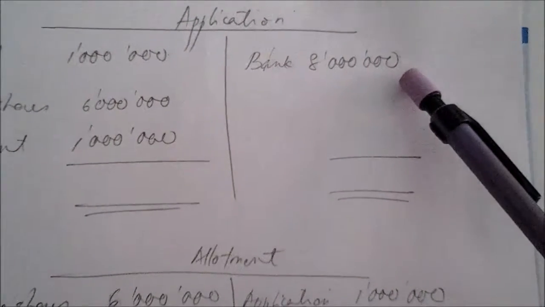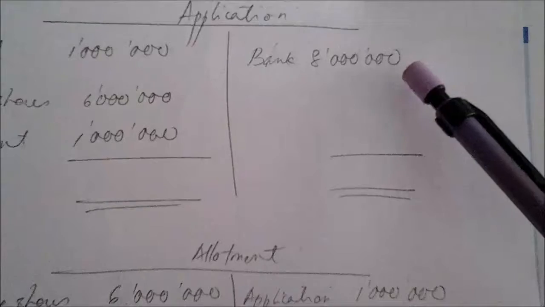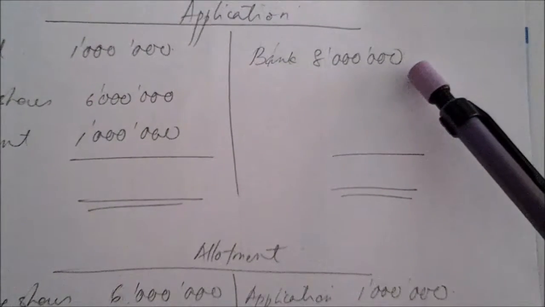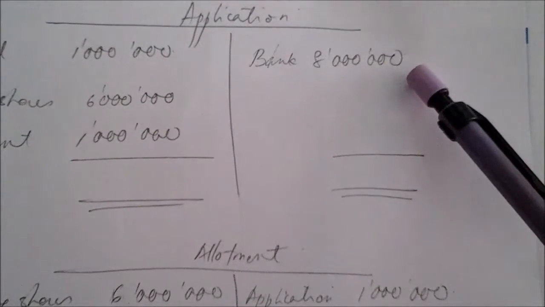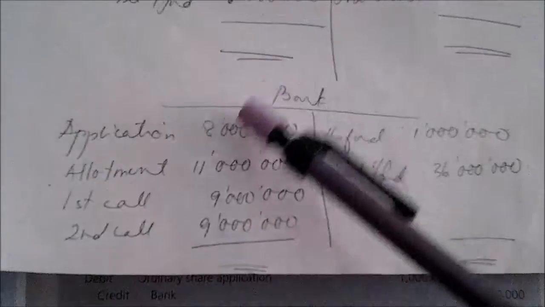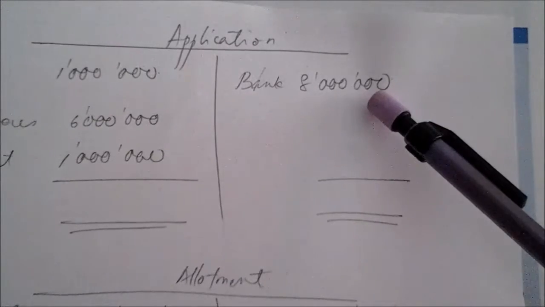So this is the entry when we receive money during the application. Remember, 40 million unit shares times 20 cents, you get 8 million. So you will debit the bank and credit the application account.